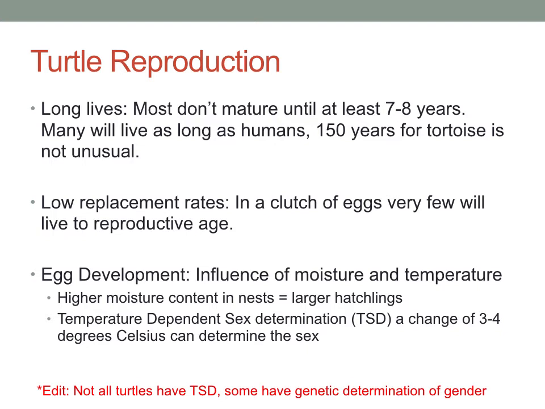Temperature, pretty much for all turtles, determines sex. So temperature-dependent sex determination, TSD, is pretty much universal in all turtles. And as little as a 3 or 4 degree Celsius difference can determine the sex of a young turtle.